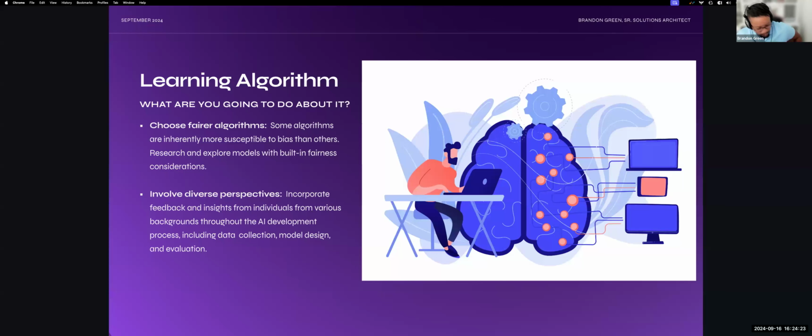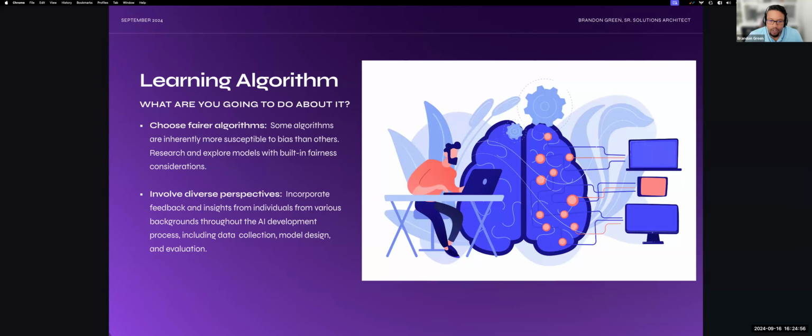So what are you going to do about it? First things first, choosing fair algorithms. And I say fair, and I'm doing the air quotes because what's fair is obviously a fairly subjective term. But just keeping in mind what's fair, meaning, is this fair for every demographic, for males, females, different ethnicities, different religious groups, like making sure that a user that has a different belief or perspective than the data that it was trained on, that's what I'm referring to as fair.